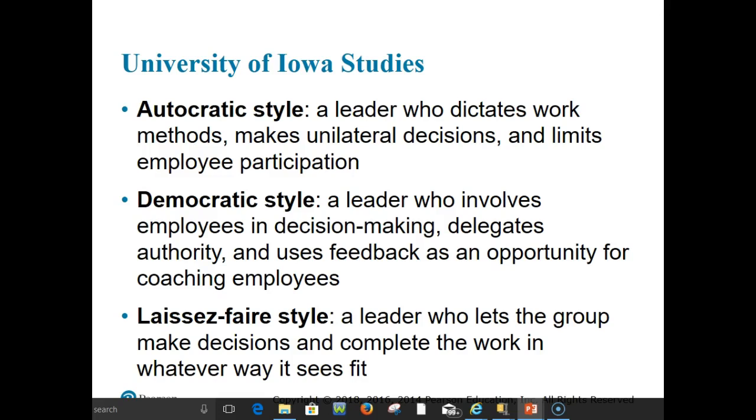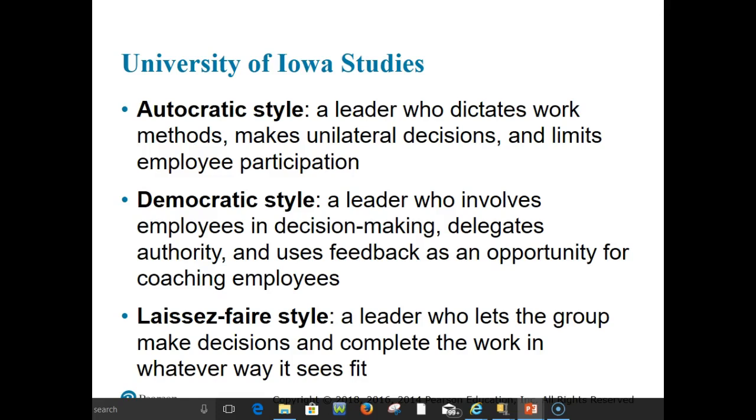Now, the autocratic style described a leader who dictated work methods, made unilateral decisions, and limited employee participation. The democratic style described a leader who involved employees in decision-making, delegated authority, and used feedback as an opportunity for coaching employees. In other words, this person was very transformational as a leader.